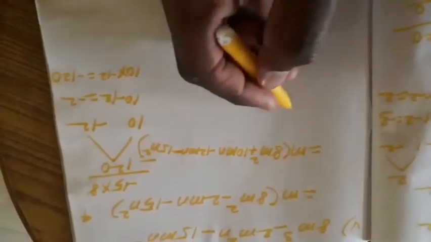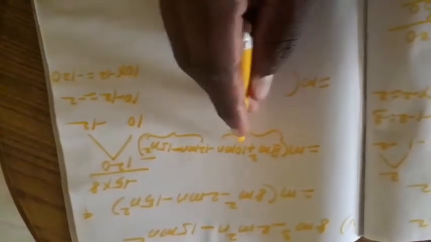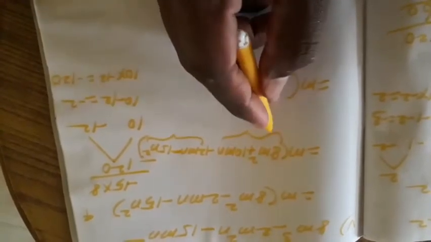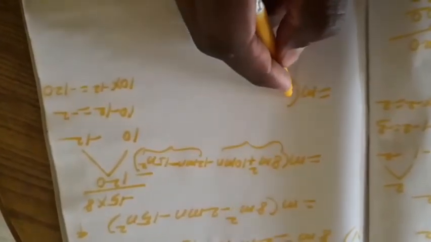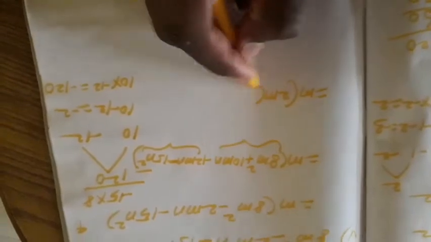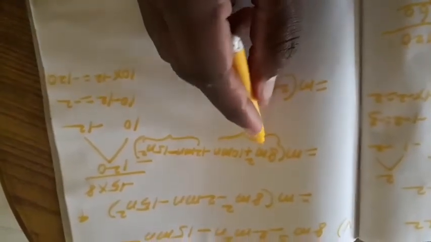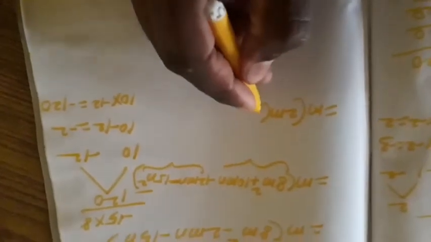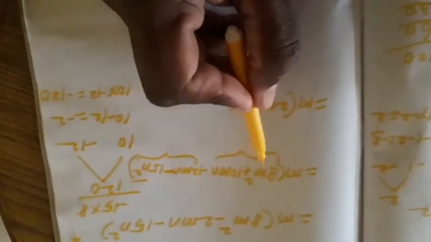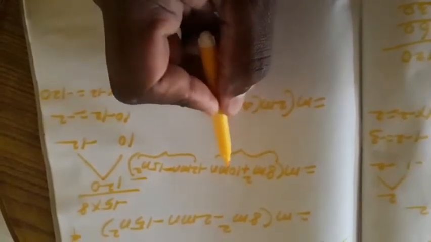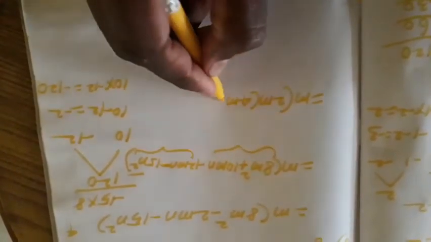Now what is common? First group the first two terms and the last two terms. In 8m square plus 10mn, 2 and m are common. Taking 2m outside, remaining 4m, and 5n.